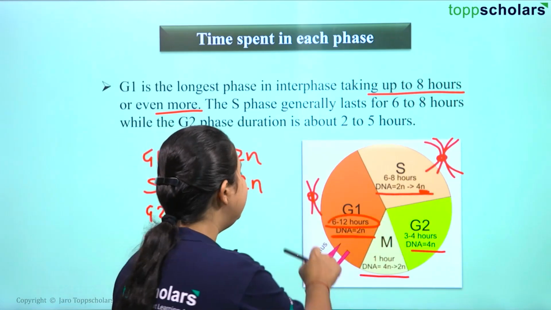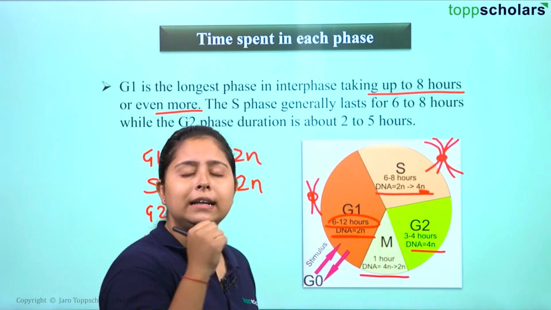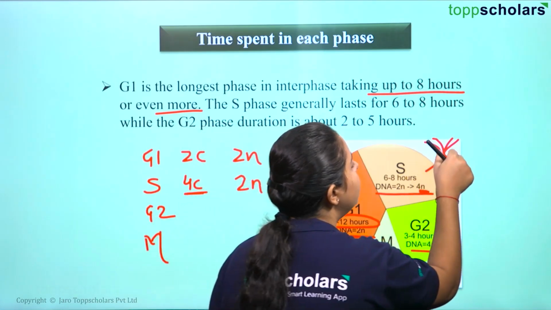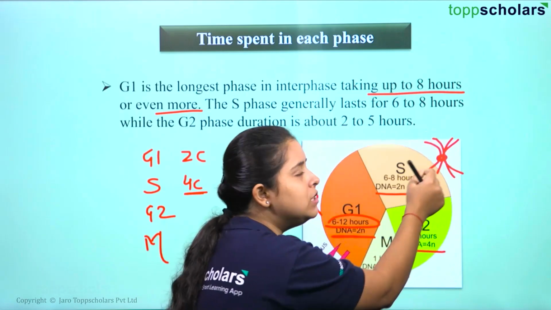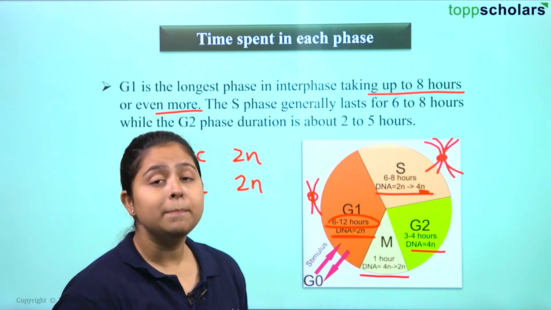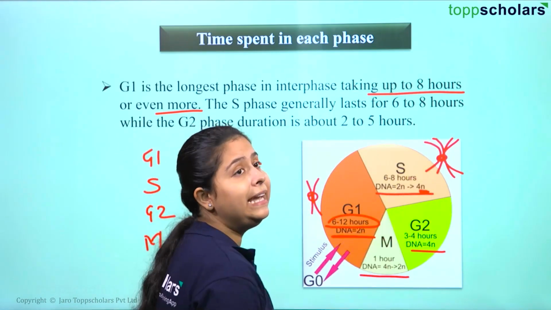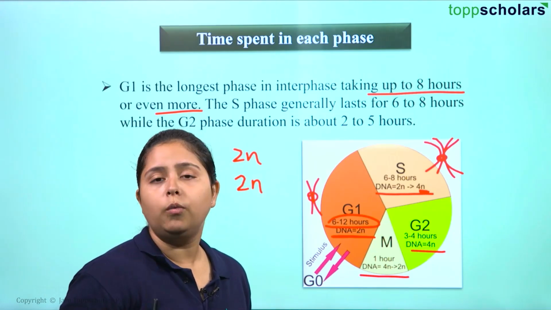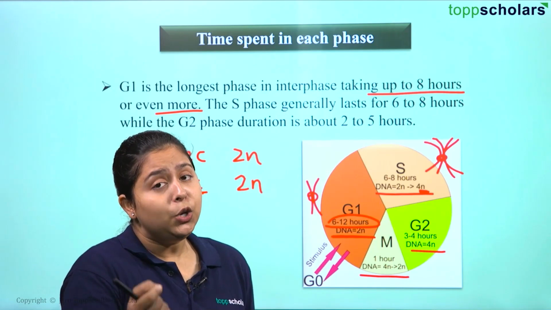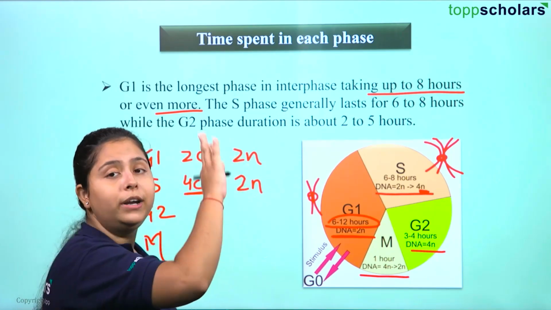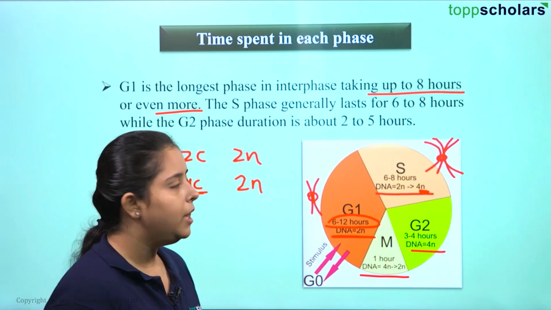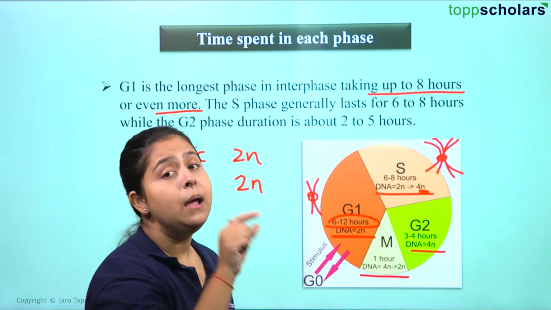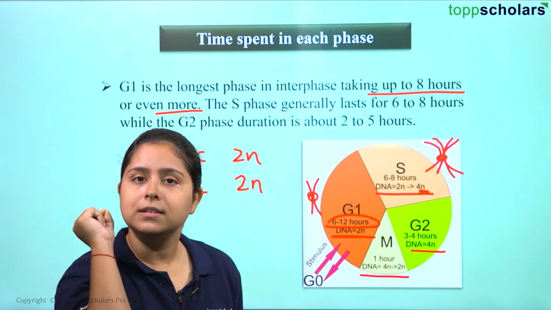So over here if I have one centromere, then I will count it as one chromosome. Over here if I have one centromere, this will also be one chromosome. But I have doubled my DNA content. This is the trick which you need to understand. No one will ask you separately, but you need it for better understanding of the mitotic and meiotic divisions. So in S phase, the DNA content is doubled, but the chromosome number remains the same.